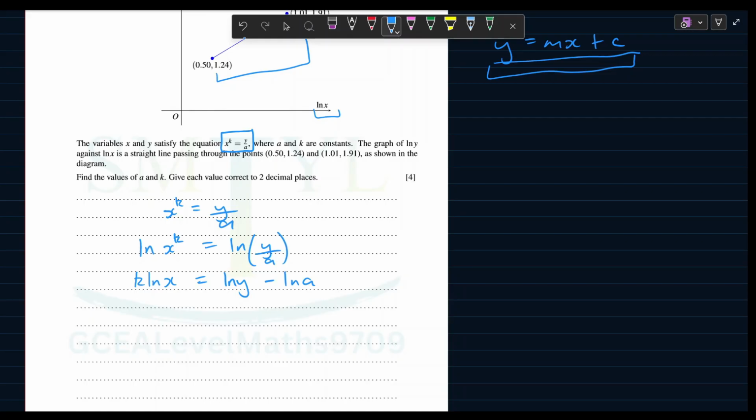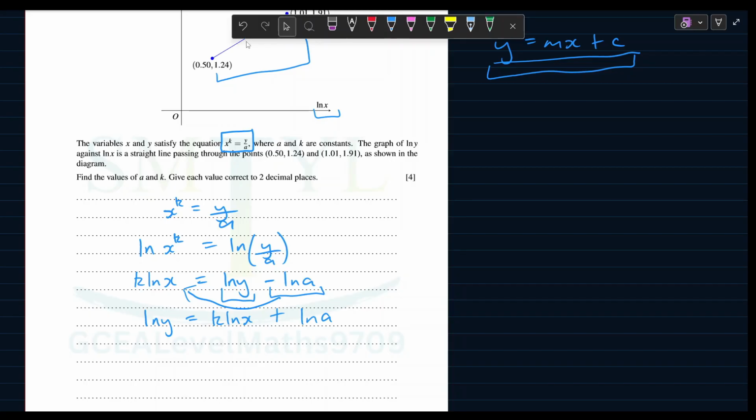Because we're trying to get to the form y equals mx plus c, I'm going to make ln y subject of the formula. So it's going to be ln y is equal to k ln x, and then move this negative ln a to the other side. It becomes positive ln a.